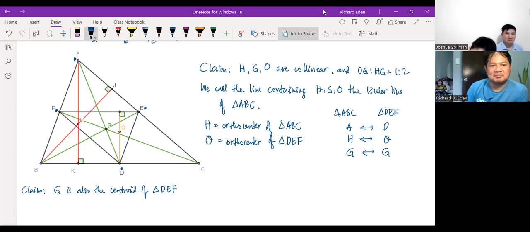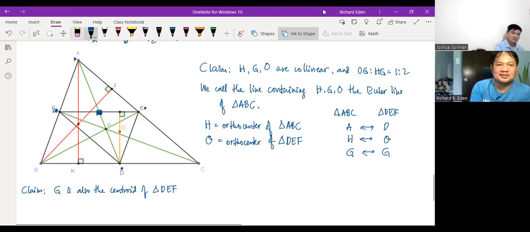That means where they intersect here is the midpoint of the diagonal EF. So that makes D and this particular point a median. Inside DEF, the green segments are the medians. Their intersection, G, must therefore be the centroid of DEF.